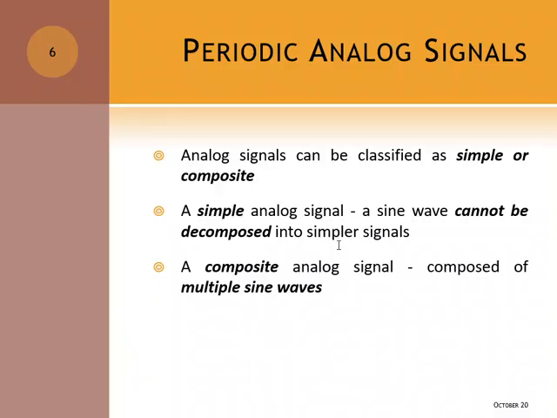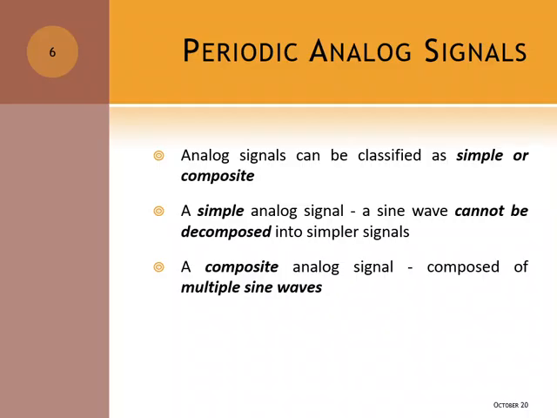Simple maksudnya signal tu tidak boleh lagi dipecahkan ataupun diuraikan kepada signal-signal lain. Kalau composite, analog signal composed of multiple sine wave, maksudnya signal yang terdiri daripada beberapa signal lain. Itu adalah composite signal.